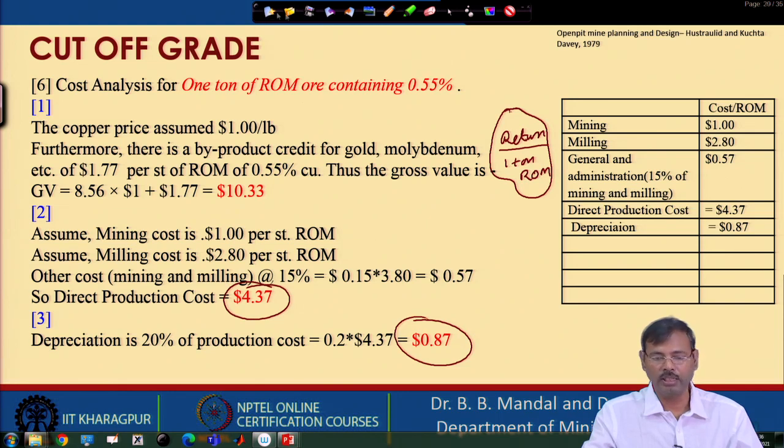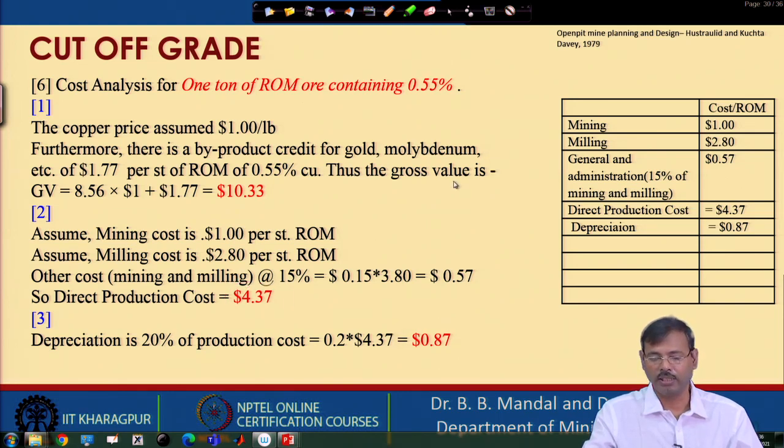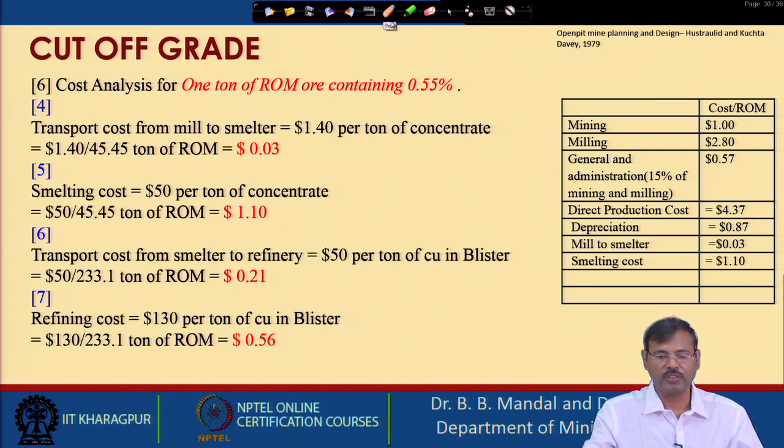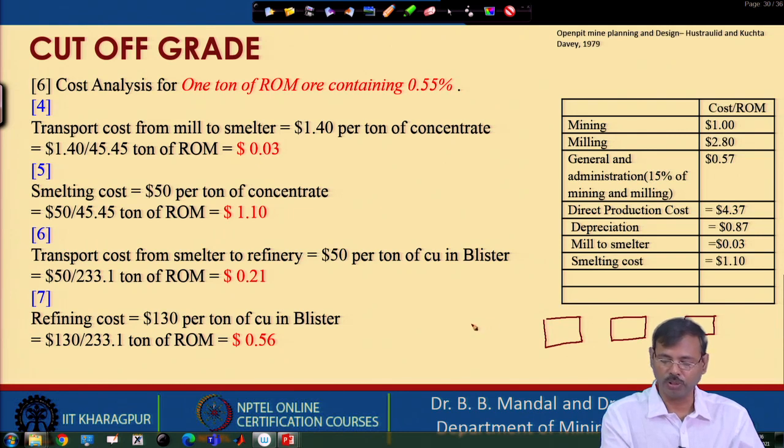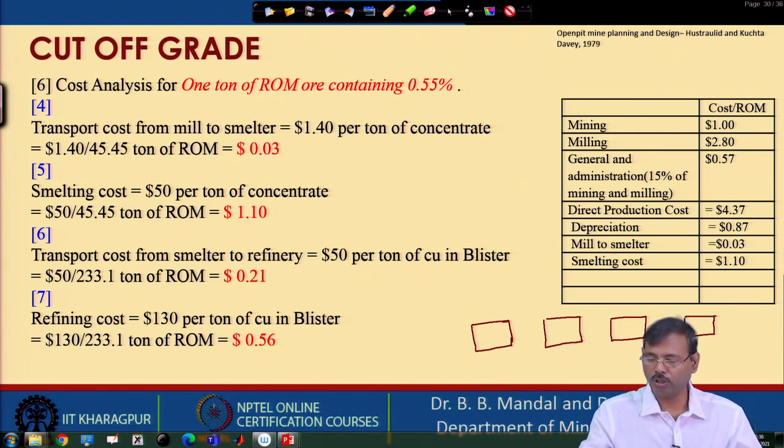These were already calculated in the last class, and after that we are following the process: ROM to the mill, to the smelter and to the refinery.